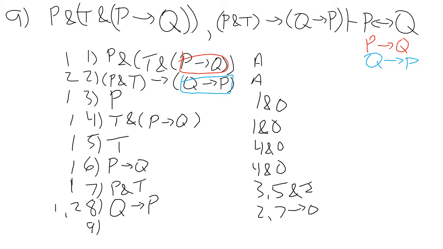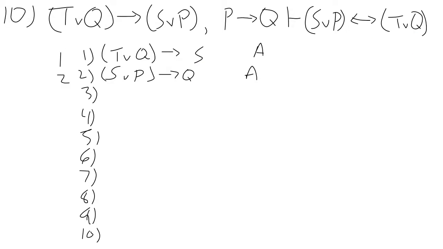Now we've got both of our conditional statements, and we can just double arrow in to get P double arrow Q from one conditional statement in 6, the other one in 8. So that is biconditional in, 1 and 2. So that's 9.